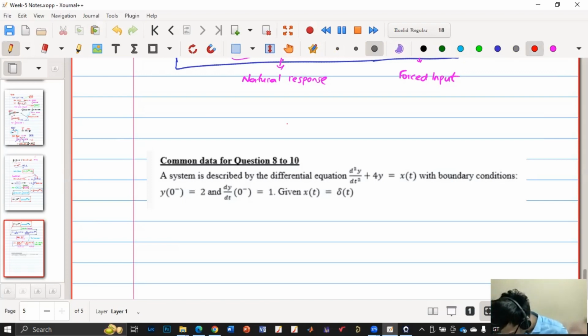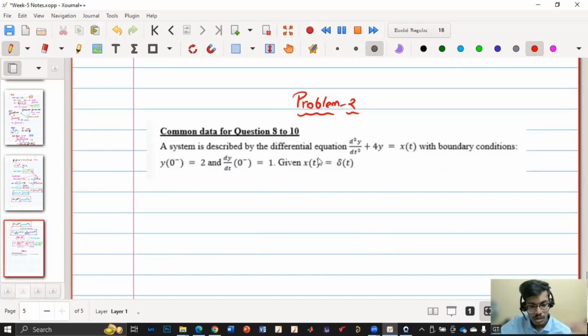So this is problem 2, because we have already solved problem 1. Again, we have a differential equation: d square y by dt square plus 4y is equal to delta of t, as they have given.